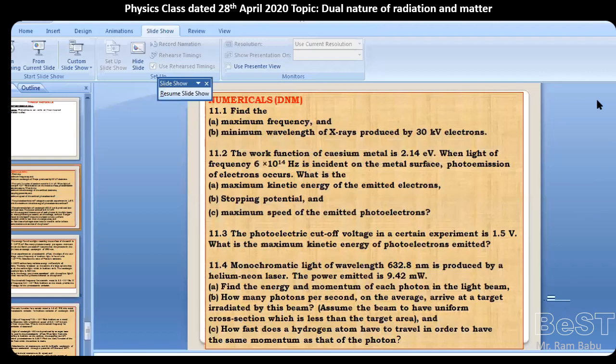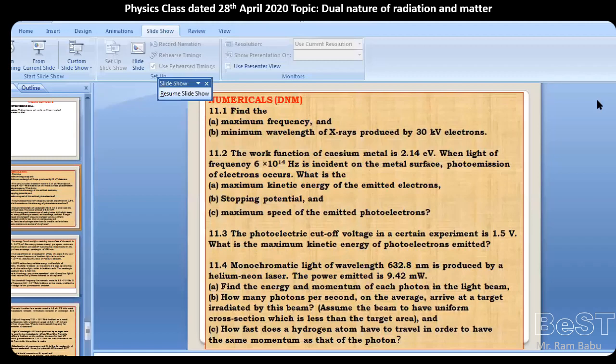Now note down 11.3 question. The photoelectric cutoff voltage in a certain experiment is 1.5 volt.